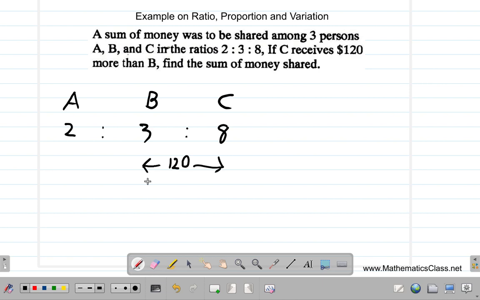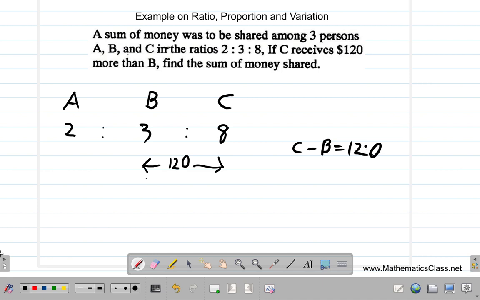Now, note that they don't mention A in the amount of money just yet. So let's concentrate on B and C first. C receives more. It means that C's money minus B's money is equal to $120.